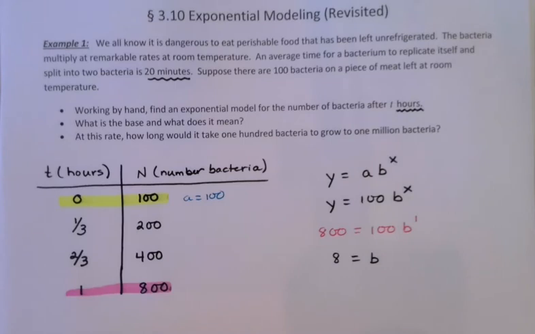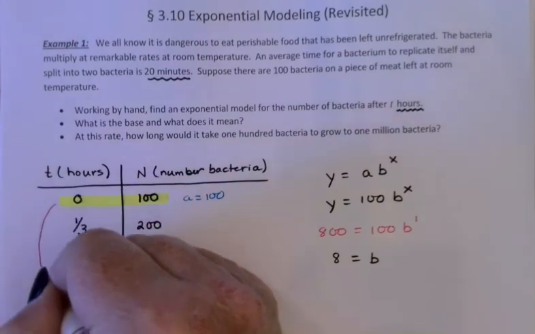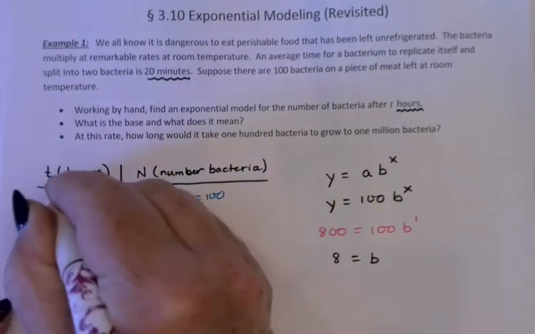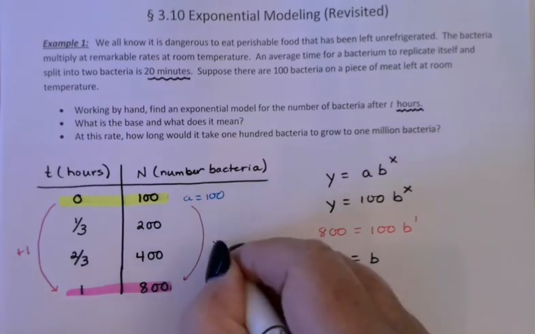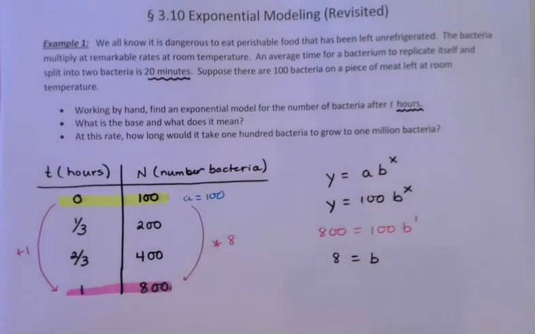Here's what I meant about being clever. Do you remember back a while when we were talking originally about finding exponential functions? And we said that if the x values increase by 1, then the base is the constant multiplier. Notice what happened here. When my x, or really t value here, went up by 1, the number of bacteria was multiplied by 8.